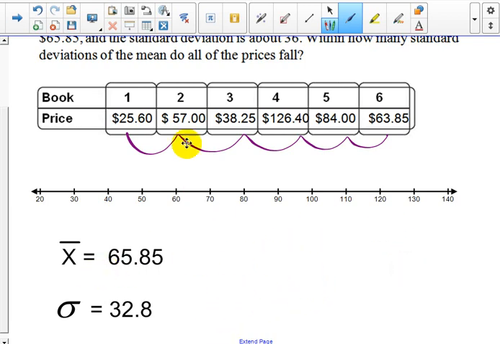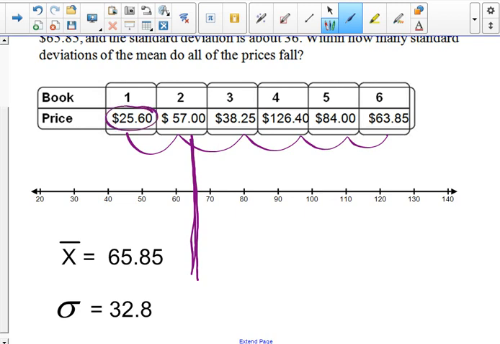So now we're going to mark our average. So 65.85 is going to fall about right here. And now we need to plot all these data values on the chart.